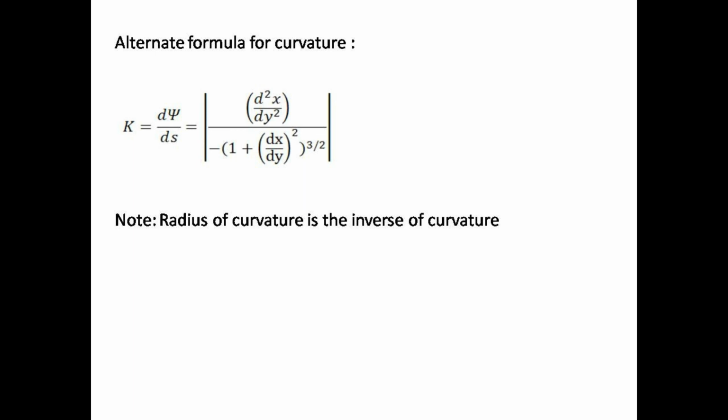But if you use this second formula, then we would get dx over dy equal to 0, and therefore our k will be 0.